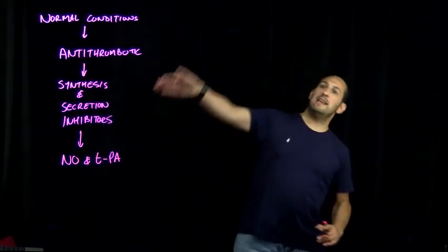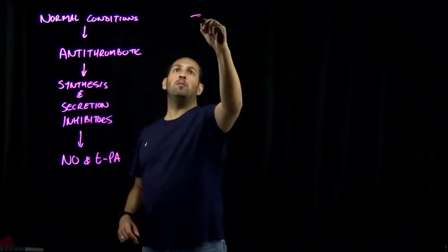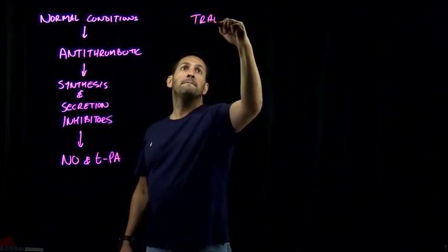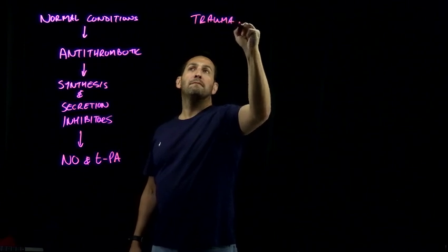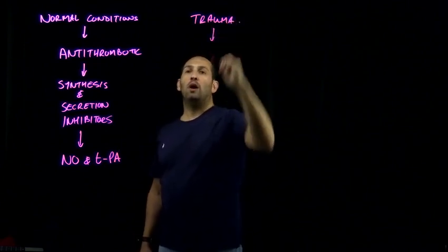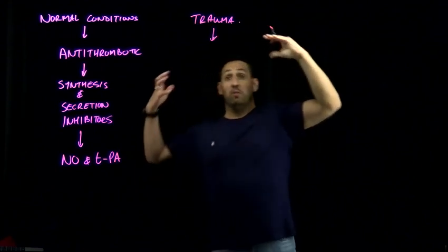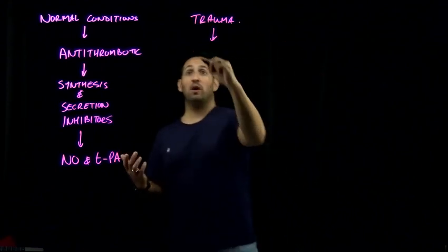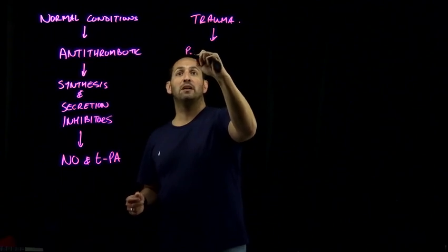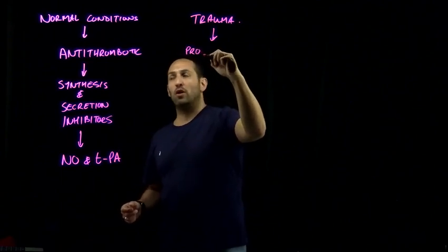Okay, so we said that the next thing that can happen is trauma. So under trauma, what happens? We said that's when we need to form a clot. Why do we need to form a clot? Because we want to keep our blood inside our vessels. So it becomes not anti, but pro-thrombotic.